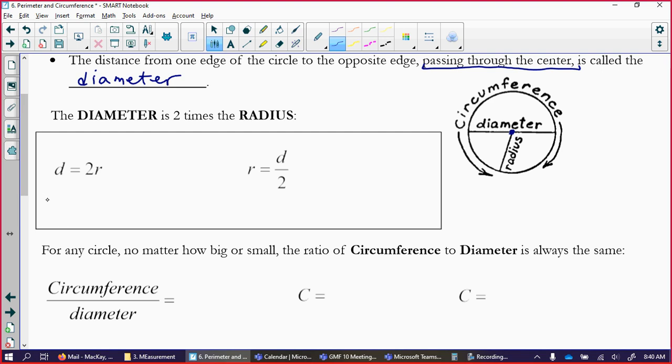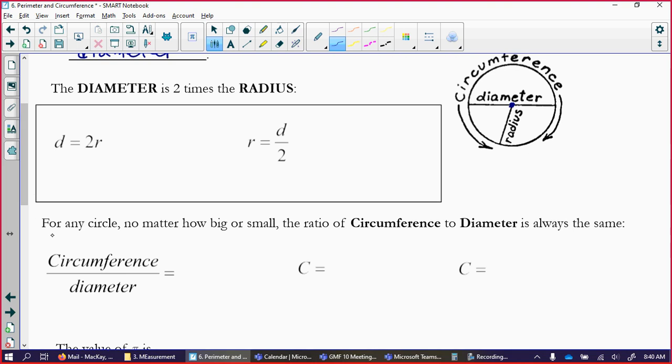But with the circumference, we can use the diameter. For any circle, no matter how big or small, the ratio of the length of the circumference over the length of the diameter is always going to be the same. It's the wonderful Greek letter pi. I think Archimedes was the first guy to figure that out, but I could be totally off base.